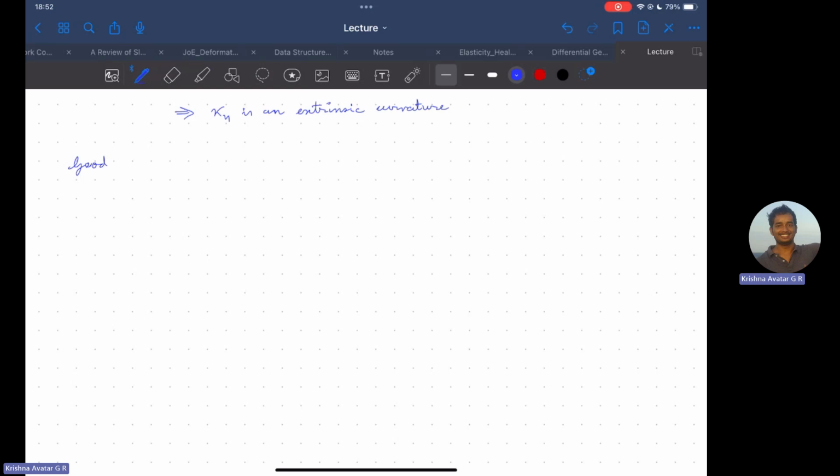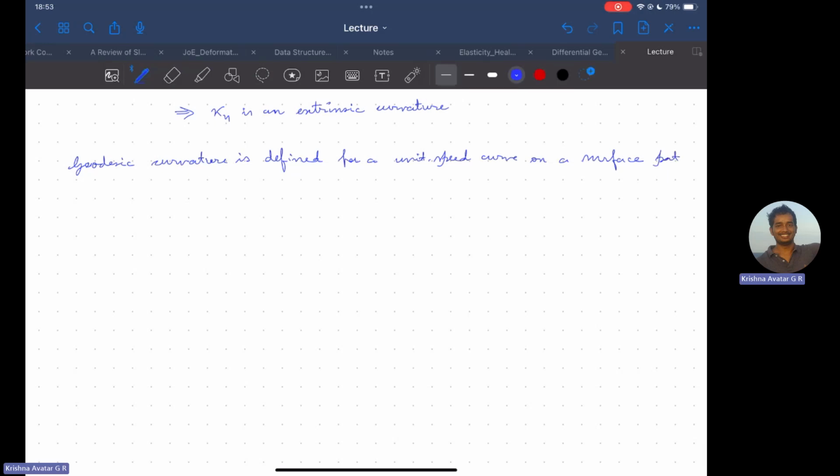The geodesic curvature is defined for a unit speed curve on a surface patch sigma.